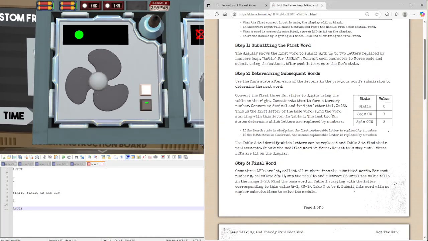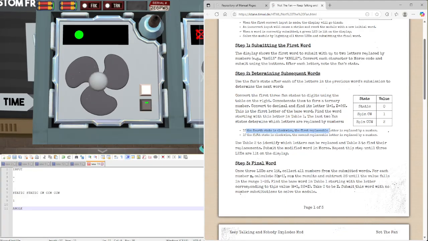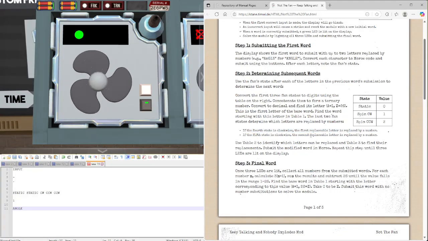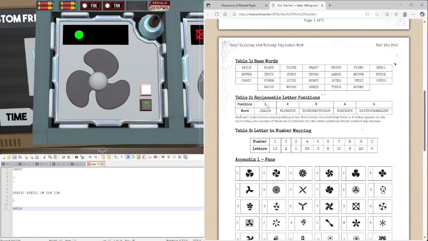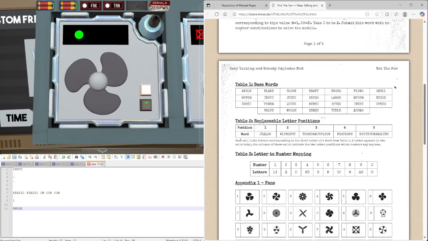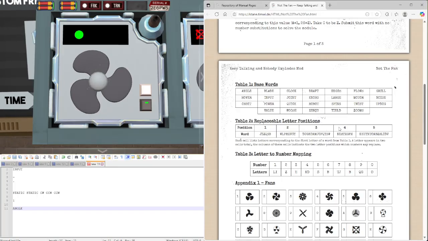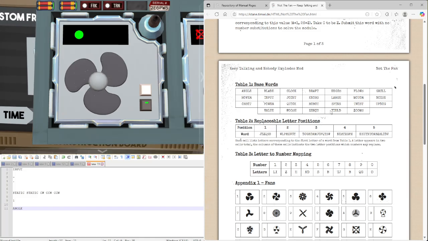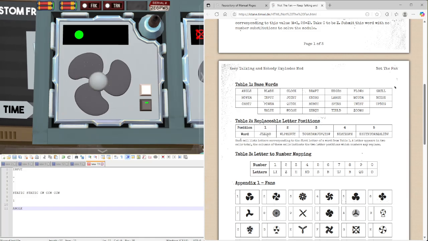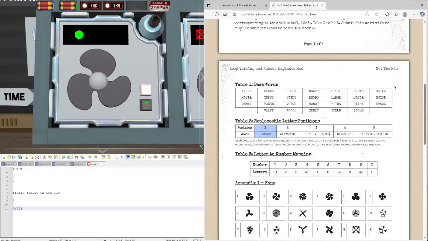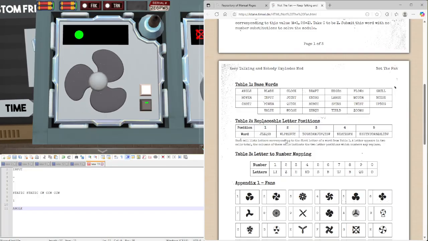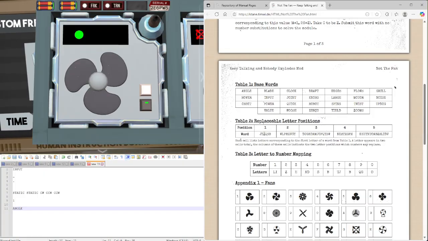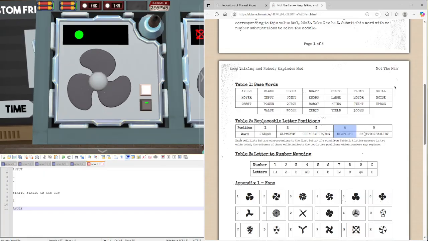And then we use this. If the state was clockwise, the first replaceable letter is replaced by a number. What does replaceable letter mean? That's down here. Each word has two replaceable positions. For example, if we had spins, you can only replace the first position or the third position. In this case, we simply have A, you can replace the fourth or the fifth position.